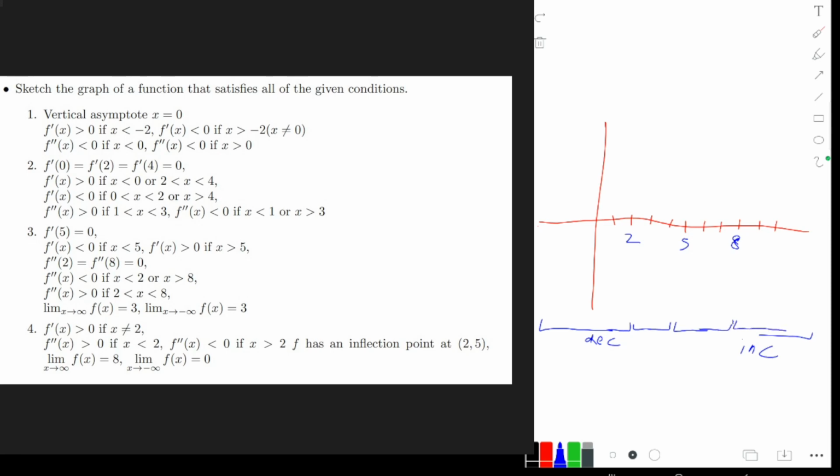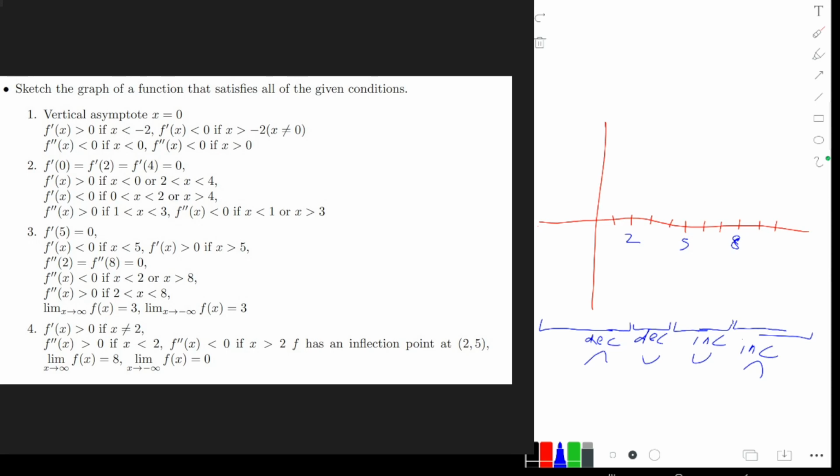All right, so it'll be increasing here, decreasing here. Between 2 and 8, it is concave up. But less than 2 or more than 8, it is concave down. Right? And we have that the second derivative at 2 and 8 are 0.